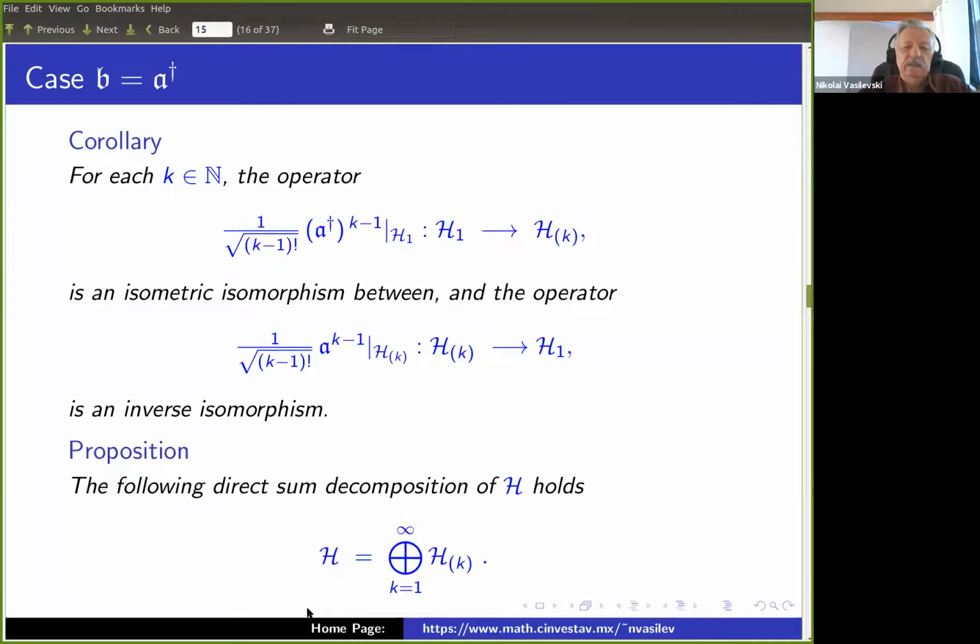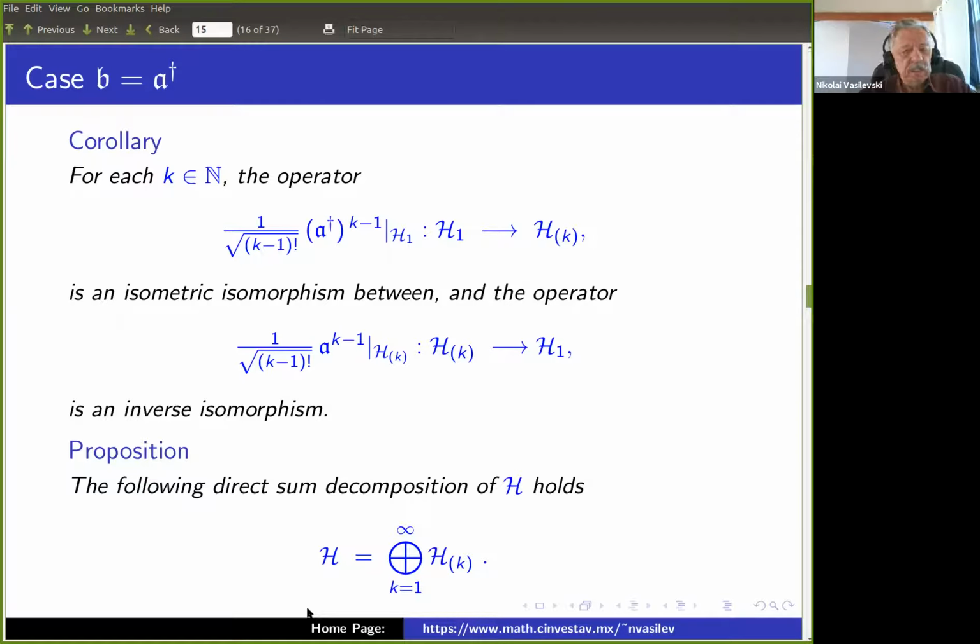And the space H is the direct sum of all true K spaces. What is interesting here? We do not assume any analytic properties of the spaces H_K.